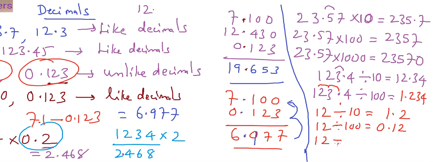So 12 divided by 1000, then you have to shift 3 decimal places to the left. But we have 2 digits, and for the third one add a 0, so 0.012. Similarly, 12.3 divided by 1000, 3 decimal places to the left, so 0.0123.